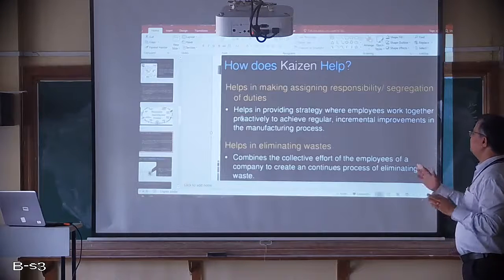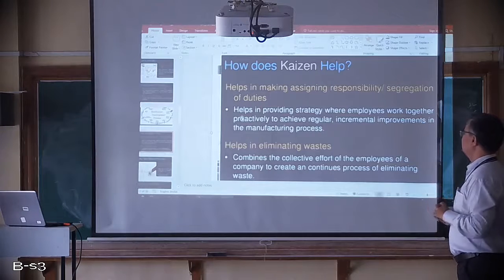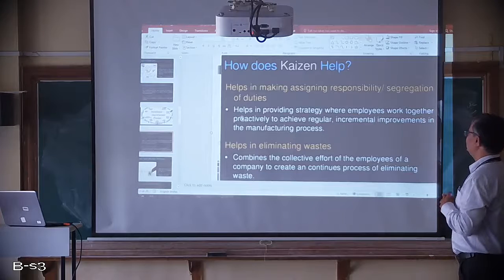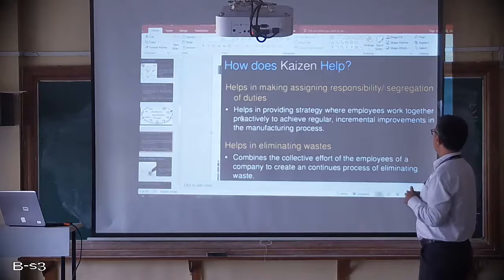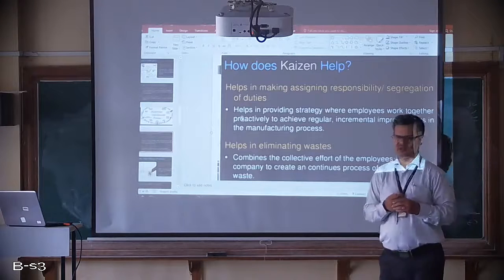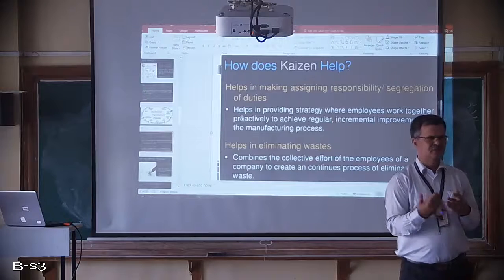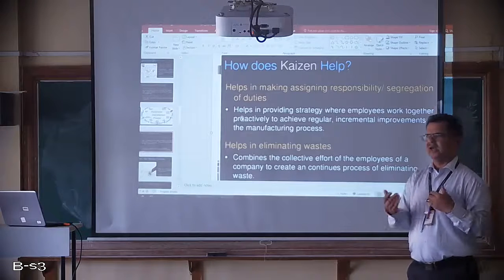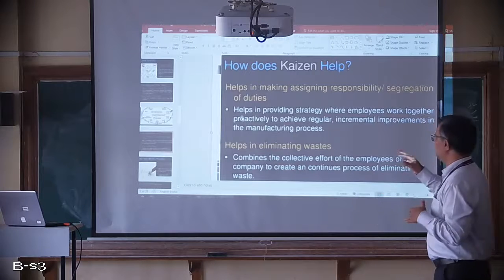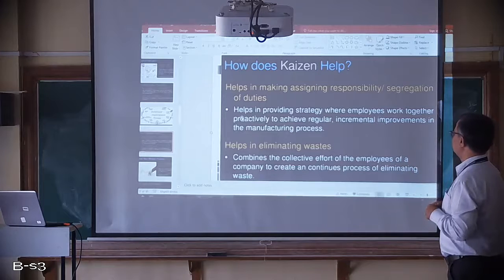So they help in providing a strategy where employees work together proactively to achieve regular incremental improvements in the manufacturing process. This is the second use of Kaizen: it is going to help the organization by providing the strategy.